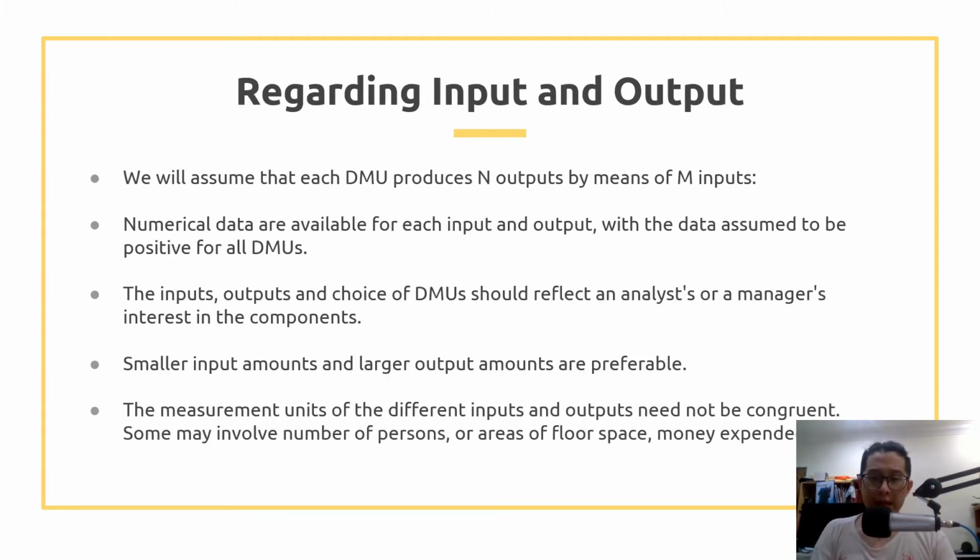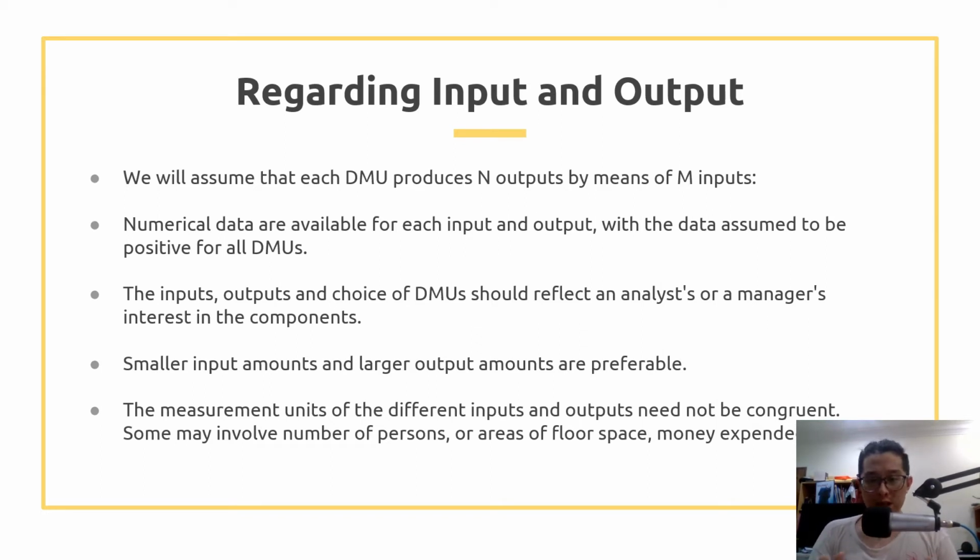We assume that each DMU produces n outputs by means of m inputs. Numerical data are available for each input and output, with the data assumed to be positive for all DMUs. The inputs, outputs, and choices of DMUs should reflect an analyst's or a manager's interest in the components that will enter into the relative efficiency evaluation of the DMUs.